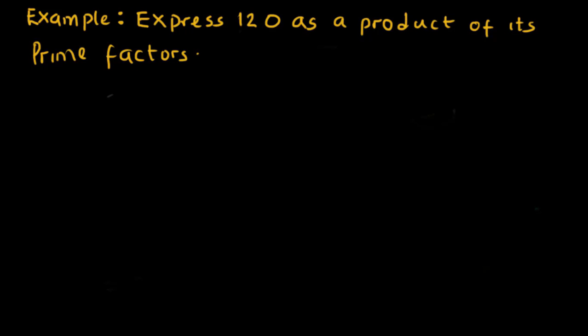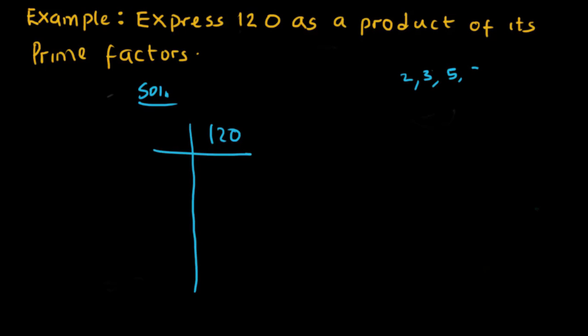Let's take one more question. So we have: express 120 as a product of its prime factors. So let's do this. We divide 120 by the prime numbers. Remember, 2, 3, 5, or 7.